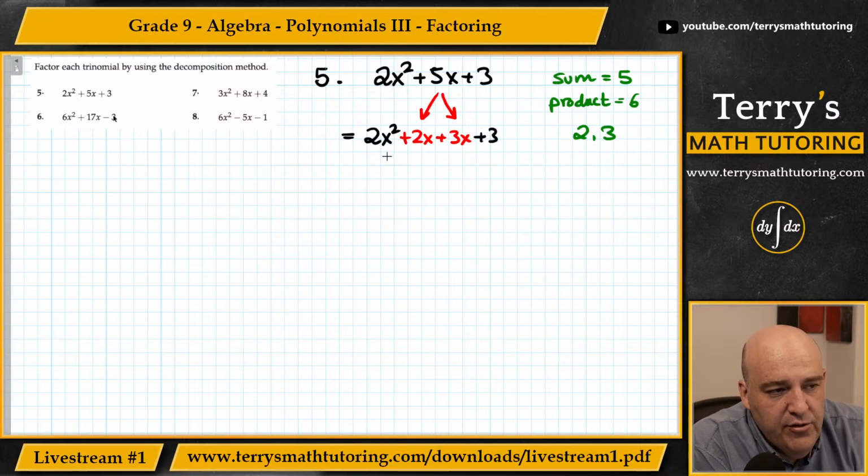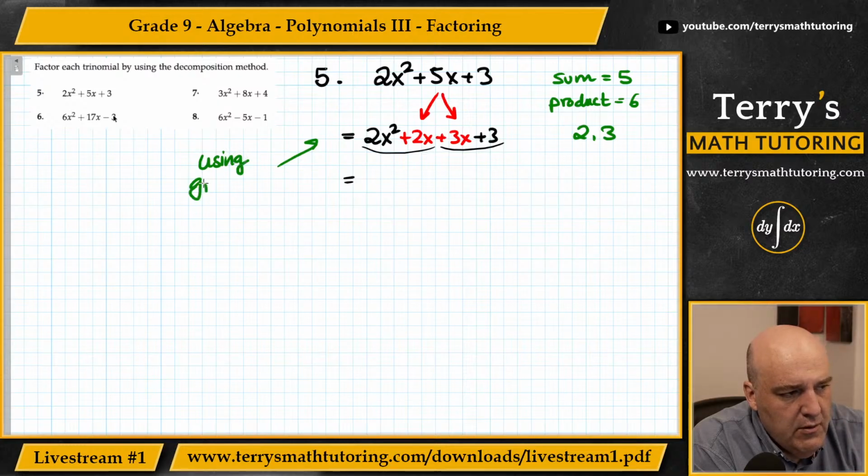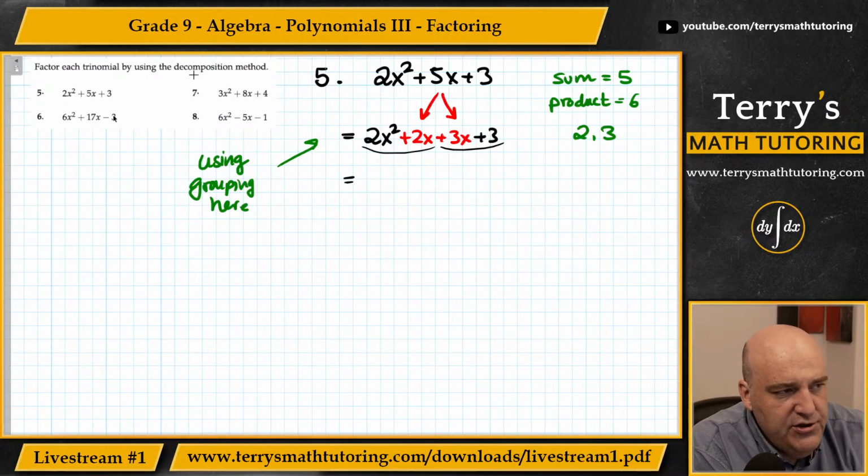That's why we learn grouping, basically, to help us with these trinomials. So we're going to look at this pair and we're going to look at this pair. So we're using grouping here. When we do the decomposition method, trinomial when a is not equal to 1, grouping is going to be a key step.